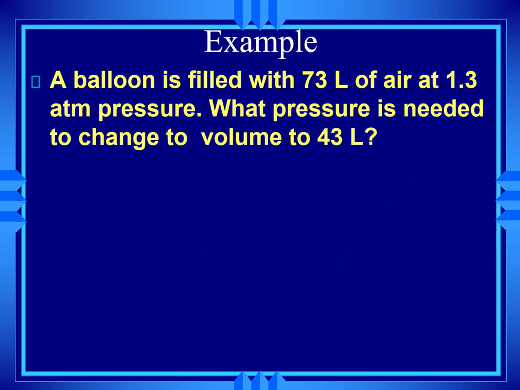Okay. Example number 4. A balloon's filled with 73 liters of air at 1.3 atmosphere. It's a pretty big balloon. What pressure is needed to change it to 43 liters?